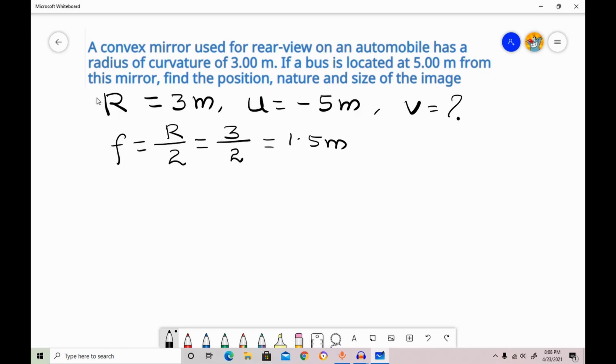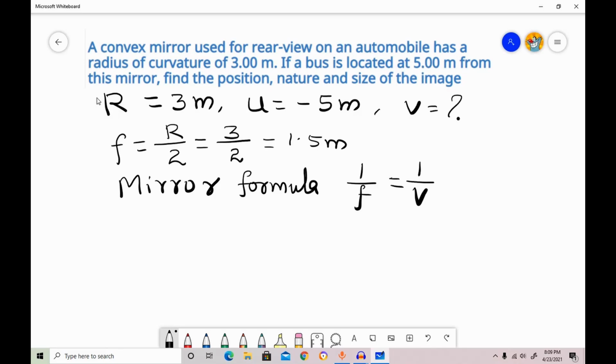Now how do you find the v? You have to recall the mirror formula, that is 1 by f equals 1 by v plus 1 by u.